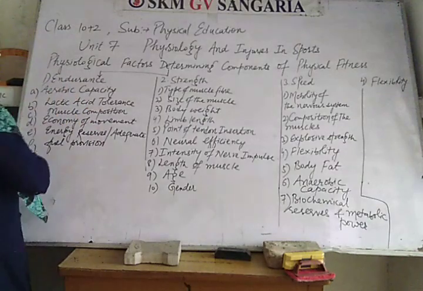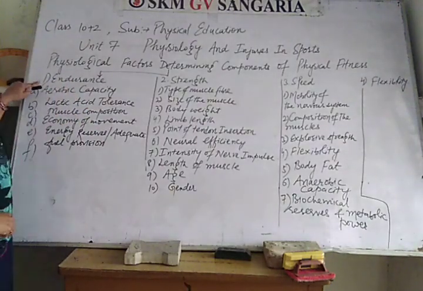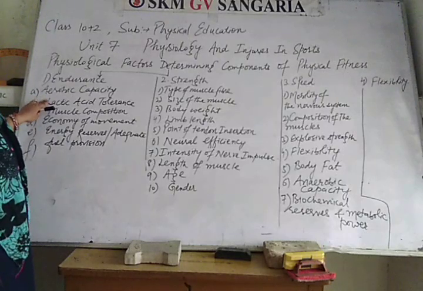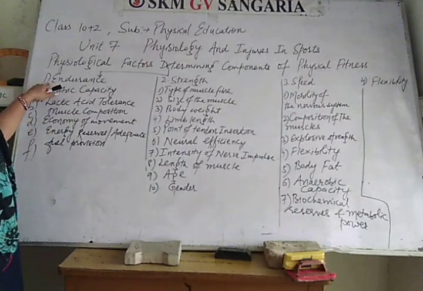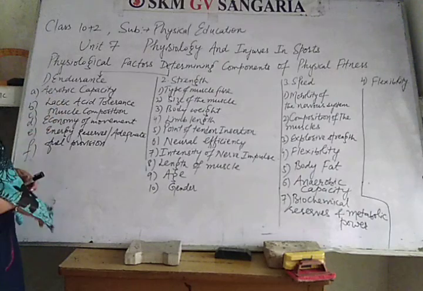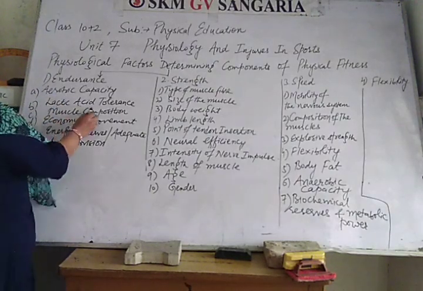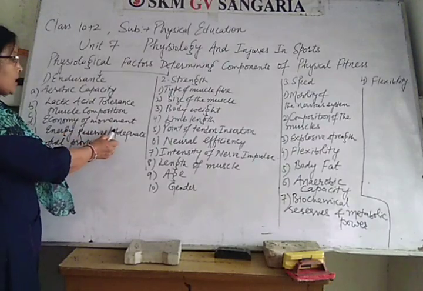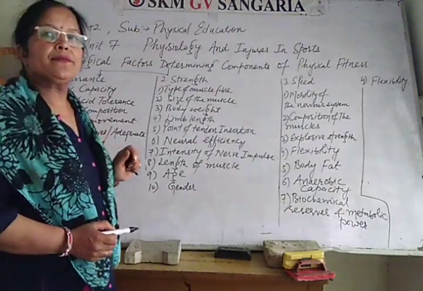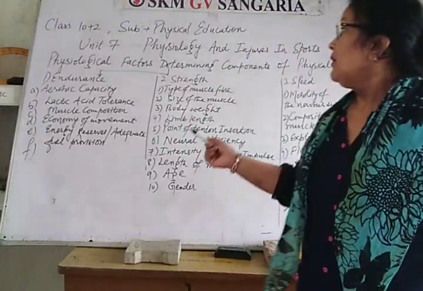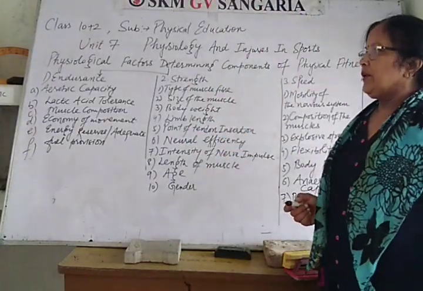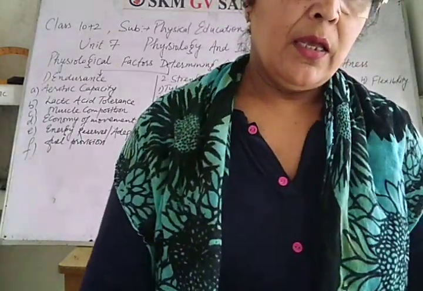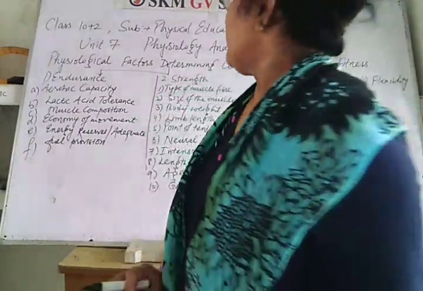The factors which determine physical fitness in endurance were aerobic capacity, lactic acid tolerance, muscle composition, economy of movement, energy reserves or adequate fuel provision, and only these were there.